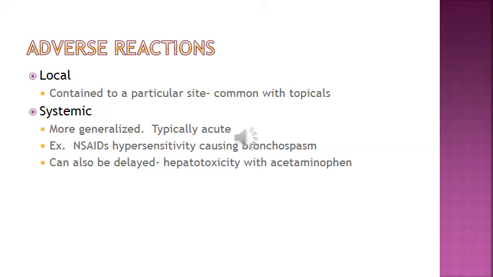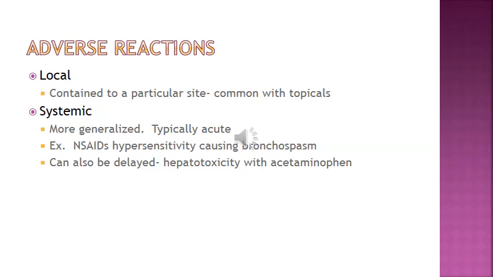Your more systemic effects, or your more generalized effects, which typically happen in an acute fashion, will happen more with your systemic drugs. And I have some examples here. Your NSAIDs can cause hypersensitivity in individuals who have asthma, which can basically predispose people to an asthma attack if they have that hypersensitivity, or they can be delayed.